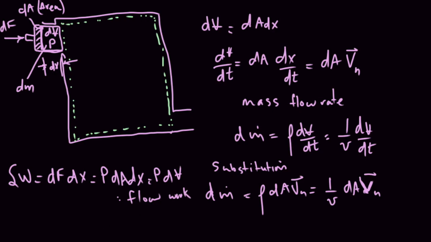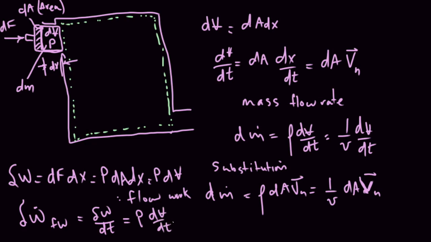Okay. So for the flow work, to get the rate of flow work, we divide by dt. So we want the rate of flow work, dW dot, which is equal to dW/dt, which is equal to pressure times dV/dt instead of just dV.